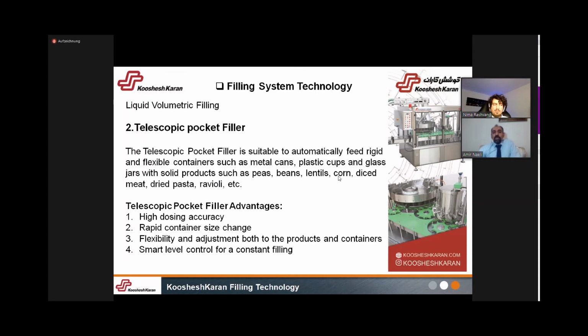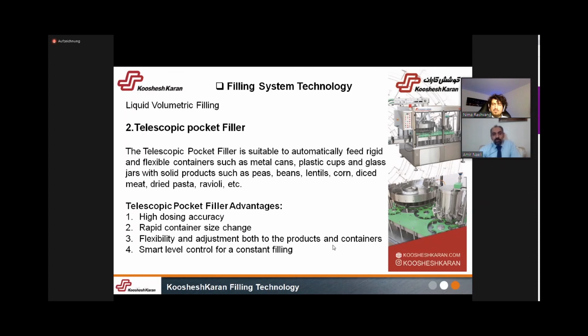The telescopic pocket filler's advantages are high dosing accuracy, rapid container size change, flexibility and adjustment to both the product and the container, and a smart level control for constant filling.